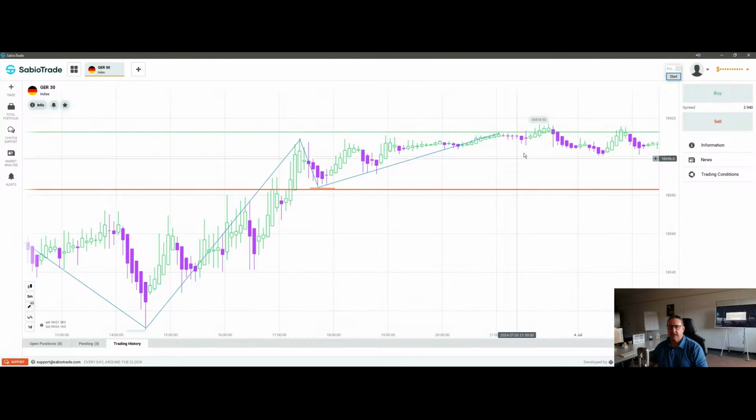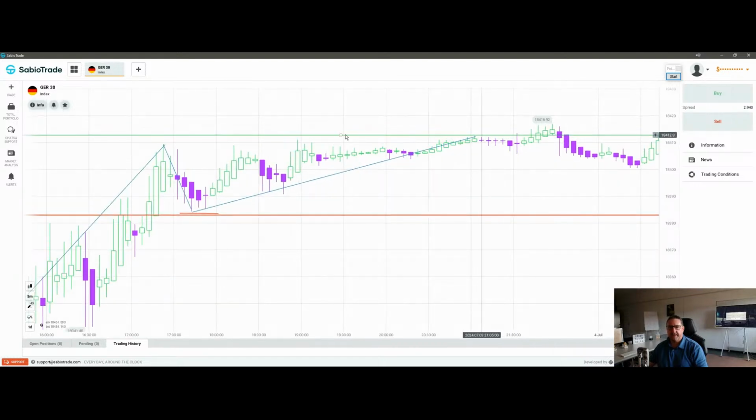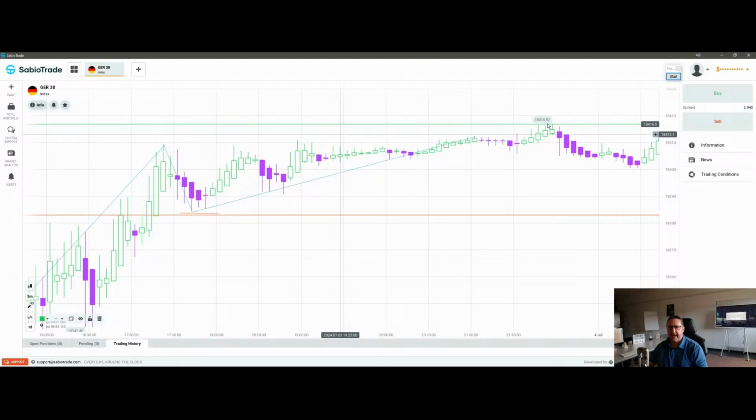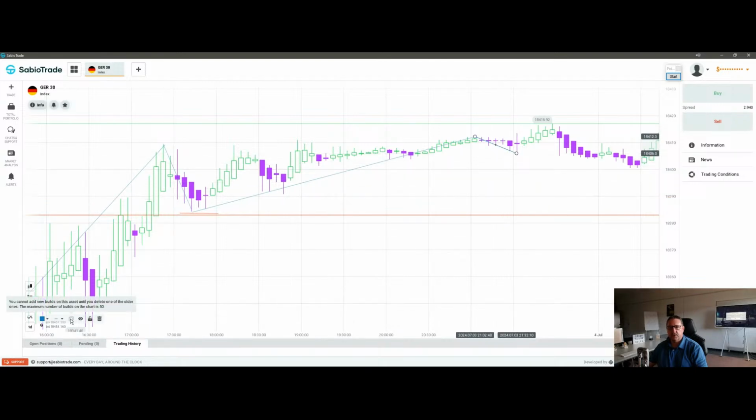So, and you see 1, 2, 3 closing prices above. So that means next trend arm. So we clone it again. Bring it to the top and to the lowest price. Let's clone it.